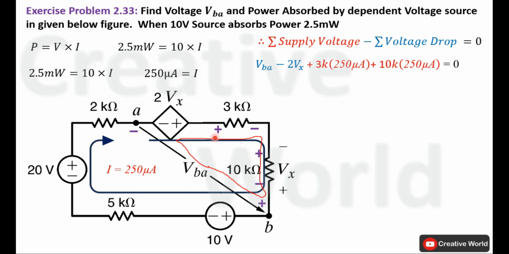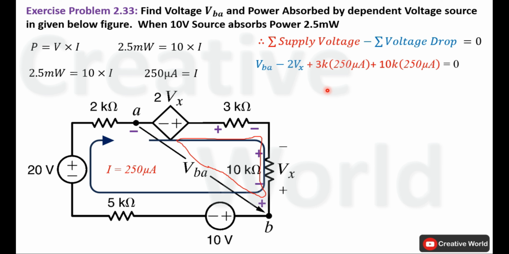Move to the next resistive element. Current entering terminal is positive, so the voltage across this resistive element, that is the product of current through it and the value of resistance, 3 kilo ohm multiplied by 250 microampere, will be taken with positive sign. Move to the last resistive element. Current entering terminal is positive, so the voltage of this resistive element, 10 kilo ohm multiplied by 250 microampere, will be taken with positive sign.